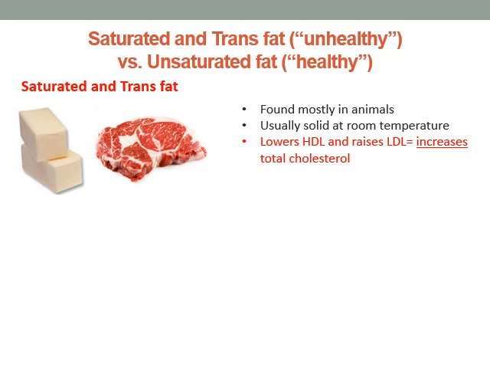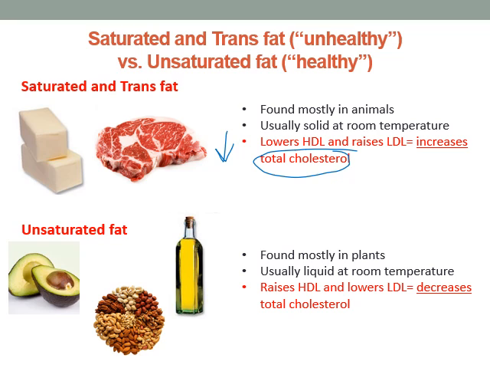So when you're looking at a steak or chicken, the fat that's on there that's solid, that is a saturated and trans fat. Okay, so this lowers our HDL, our good cholesterol, and raises our LDL, our bad cholesterol, which increases our total cholesterol. So not super good. Again, a little bit is okay, a lot is bad.